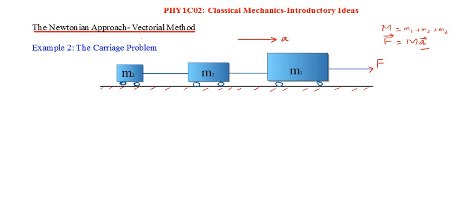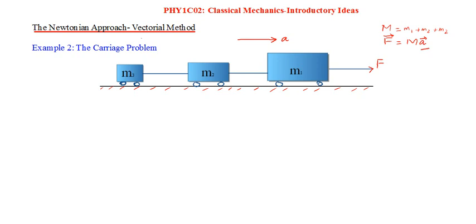And also let me add one more task for us. There are some ropes or chains which connect these carriages. We have to calculate what is the tension in them. So will the tension be the same between m1 and m2, and between m2 and m3? It will not be the same. That is logically the thing, okay?